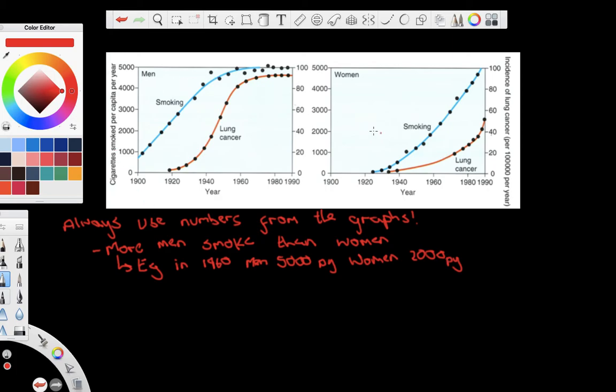We can also say from these graphs that men are more likely to develop lung cancer.